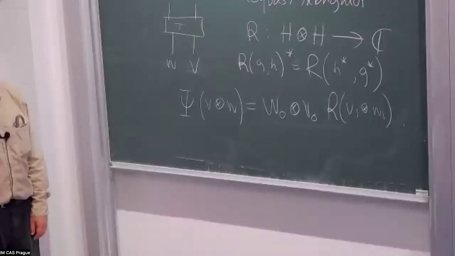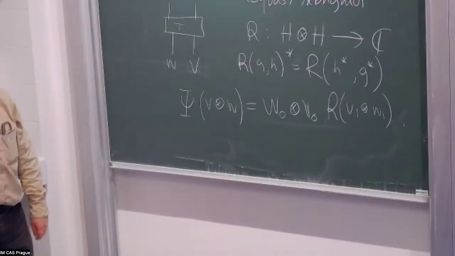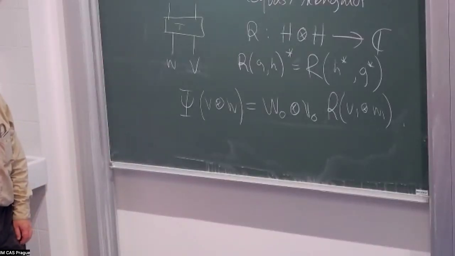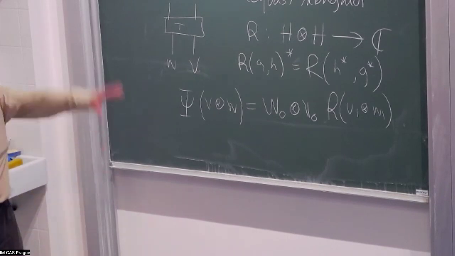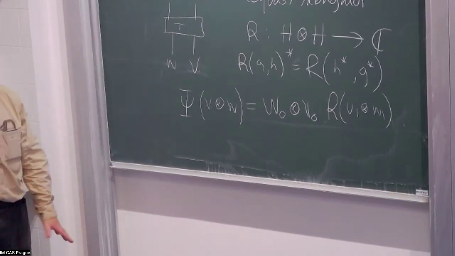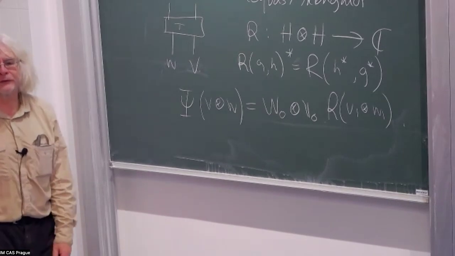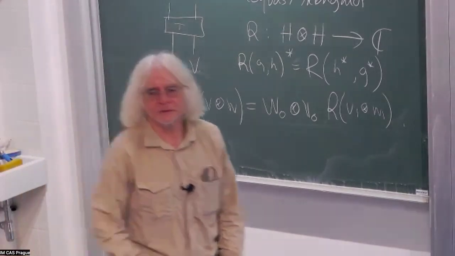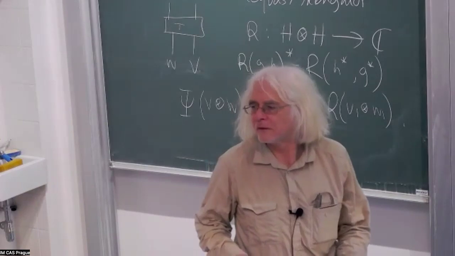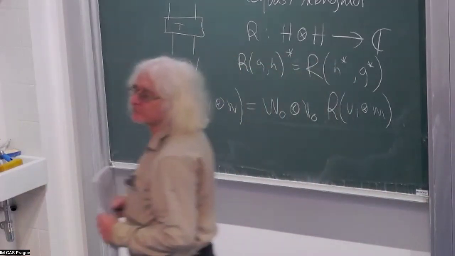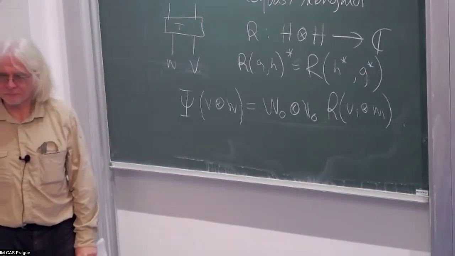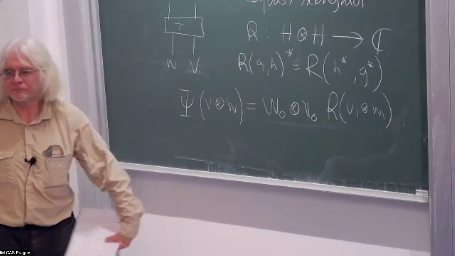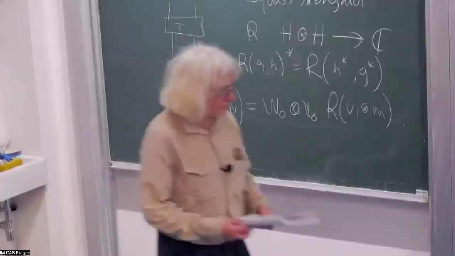If you want to reverse sides of actions, you need the S's, but probably for at least some of this theory, if you keep all the actions on the same side, I think you can get away without S's. Exactly, because the antipode corresponds to the rigid monoidal category, right? Okay, thanks.